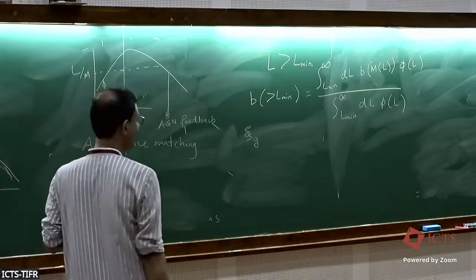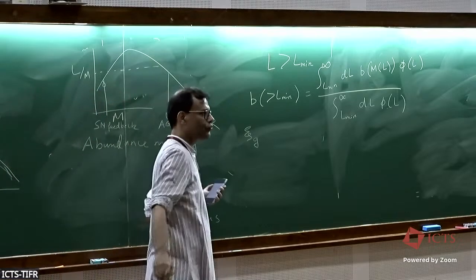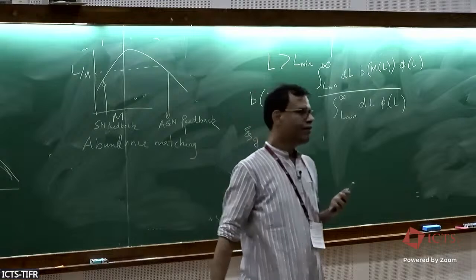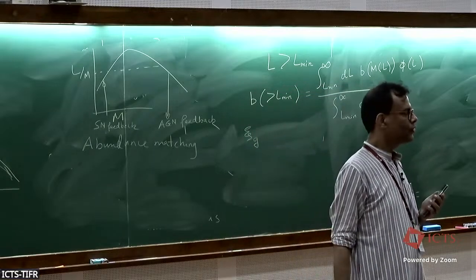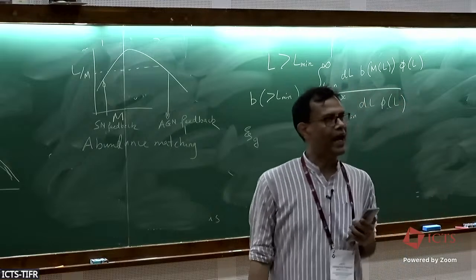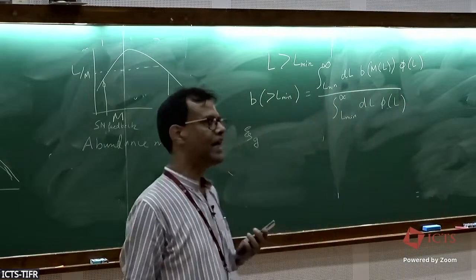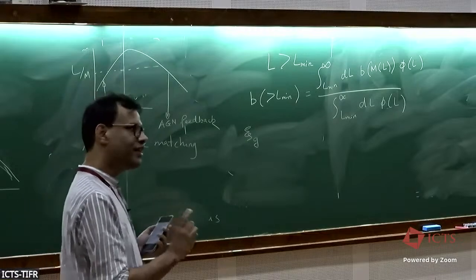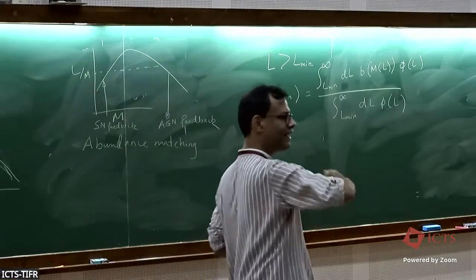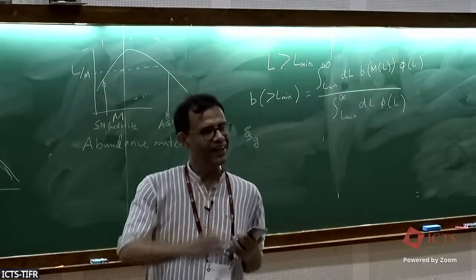Now, if L increases with M, then we know that high mass halos have higher bias. So then that immediately tells you that high luminosity galaxies will have higher clustering or higher bias. In observations, you see that. Okay, brighter galaxies have higher bias.